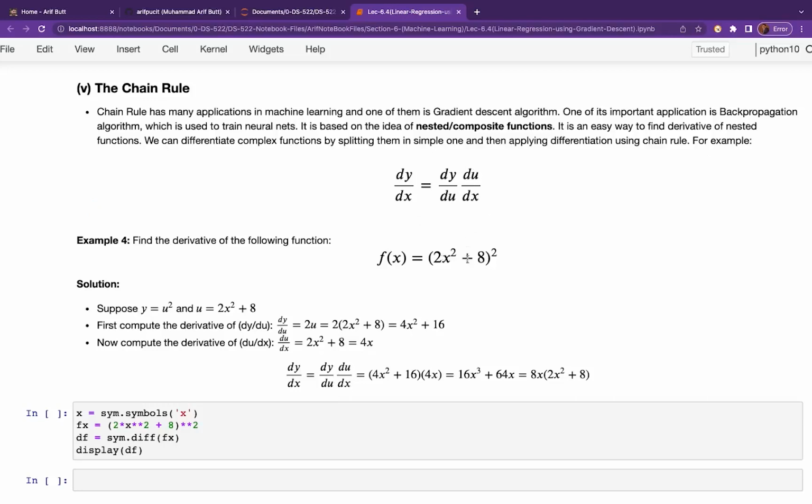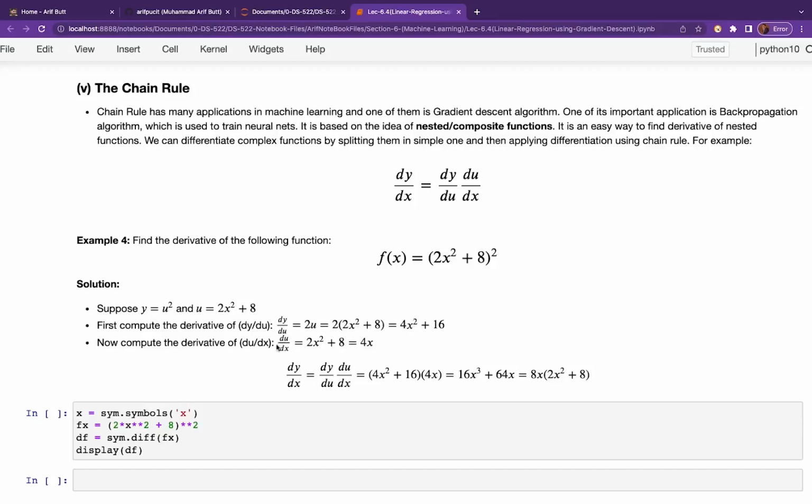Consider this function (2x squared plus 8) whole squared. Let this inner function 2x squared plus 8 be u. So y is equal to u squared. First compute dy over du, which is of course 2u, and by substituting the value of u we get 4x squared plus 16.